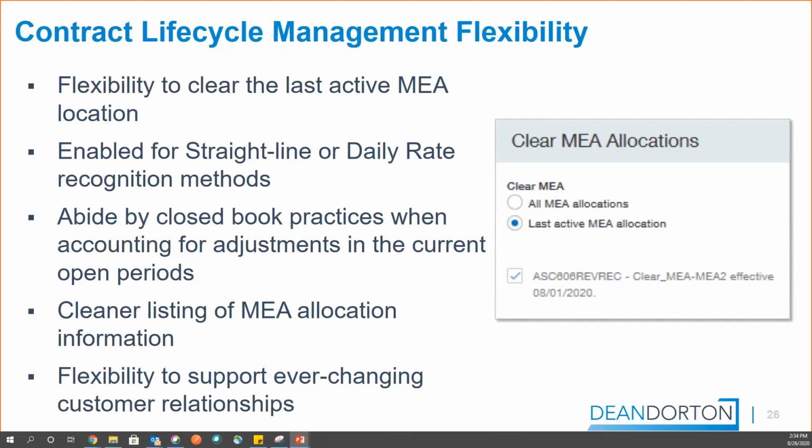So when you needed to clear an MEA allocation, you had to clear all of them, going back to the beginning of time. To ease this frustration, Intacct has added the ability to clear just the last active MEA allocation. So now you can correct your errors without having to go all the way back to the start.